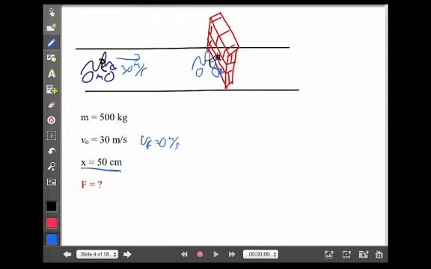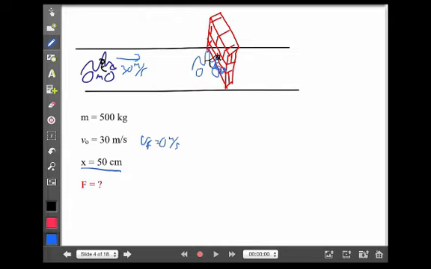Now, you might be wondering, well, what is this 50 centimeter displacement? Well, from the moment the car touches the wall, let's say the front end crushes in 50 centimeters before the car comes to a full stop. In other words, that 50 centimeters is when the force is applied, when the acceleration occurs. Now, the idea is, well, what is the force of impact on this 500 kilogram car?